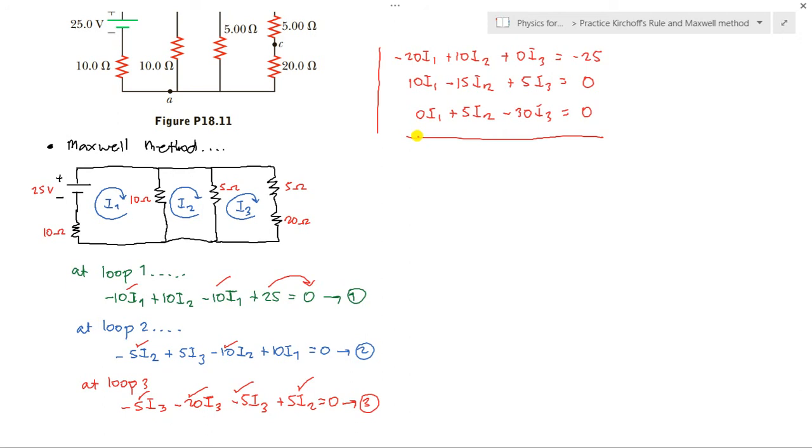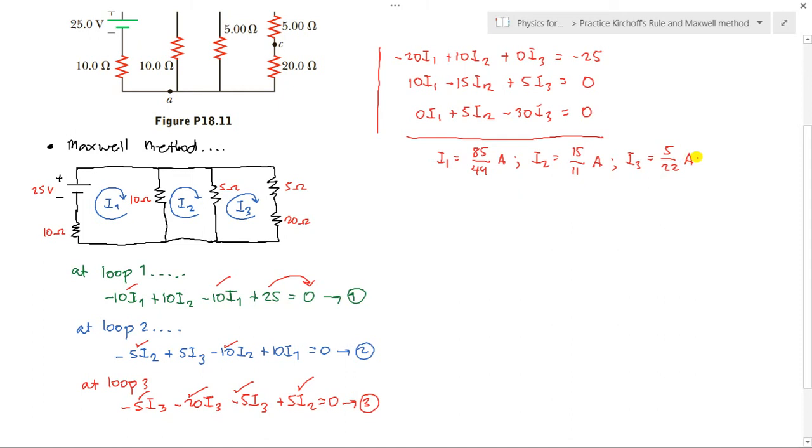So we have for our I1 is equal to 85 over 44 amperes. Our I2 is equal to 15 over 11 amperes. Our I3 is equal to 5 over 22 amperes.